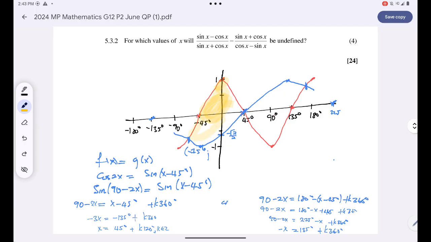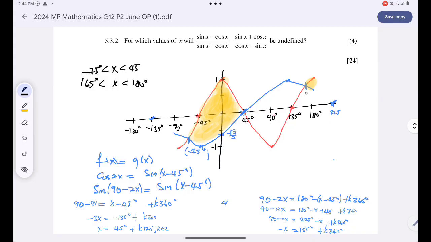This is the place whereby the red graph is above the blue one, and that's the second place. All together, that statement is true when x is between negative 75 degrees and 45, and also when x is between 165 degrees and 180 degrees.